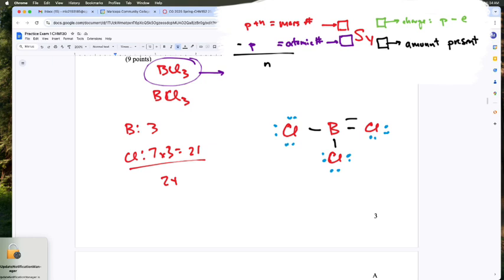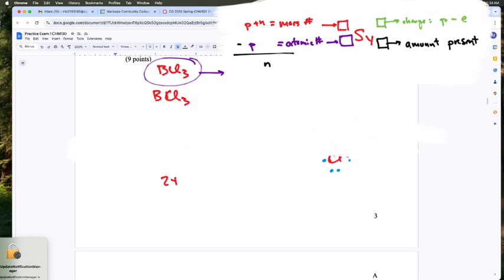So when we look at BCl3, let's delete all this. I could be going, oh, this is going to take a little bit. Let's see if I can pull this off. I could say boron 11, 5, 0, 1.